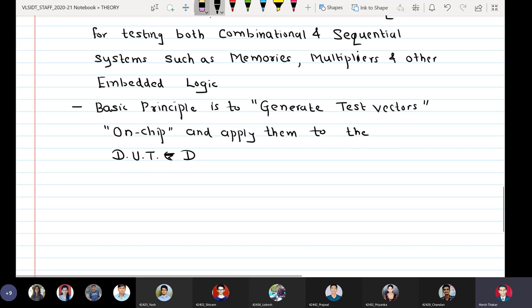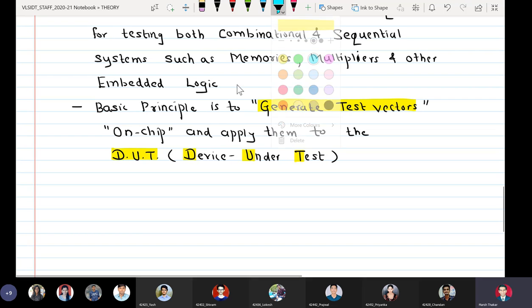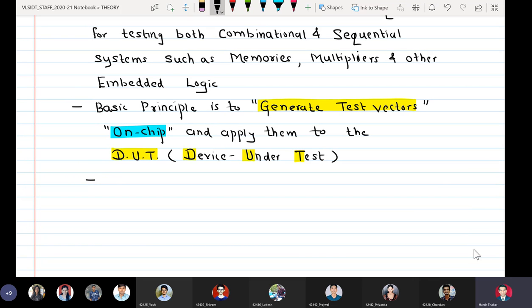So whichever device or whichever system is to be tested for faults, the test vectors are applied to them, and observe the response.